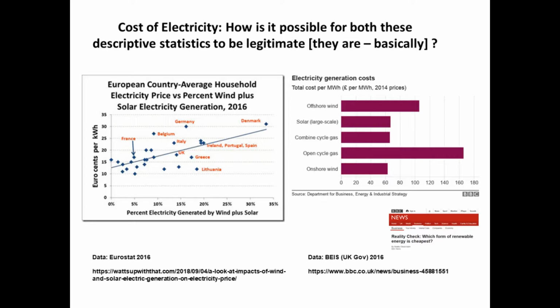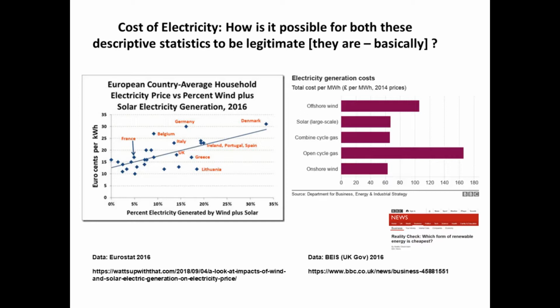And on the y-axis we have euro cents per kilowatt hour, the average domestic electricity price in those countries. And on this graph we have a scatter of points, but there is a fairly convincing trend that the larger the fraction of electricity generated by wind plus solar, the higher the electricity price.